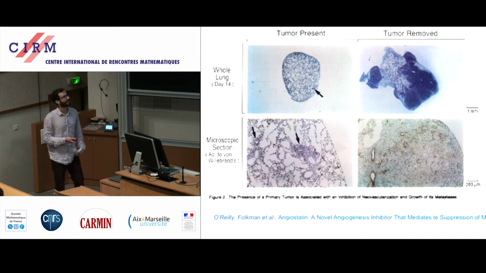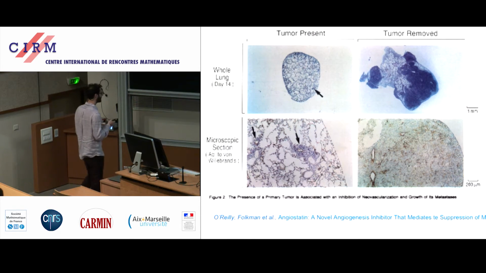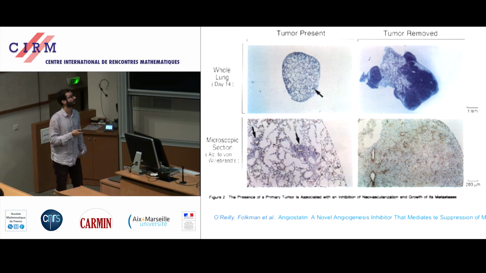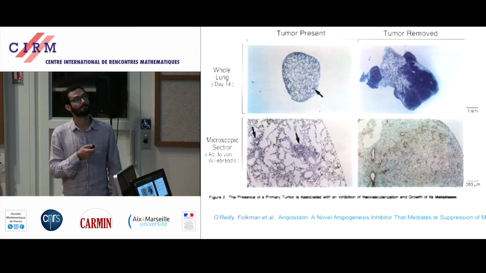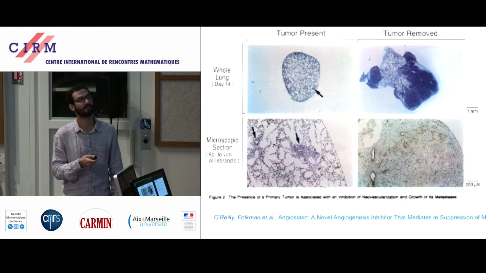So if we look at some data, this is the study from O'Reilly and Folkman, this paper from 1994 in Cell, when they discovered the molecule endostatin. What you have on the left is a slice of a lung, and what you can see here is that when the tumor is present, you have only micrometastases that are localized around blood vessels.